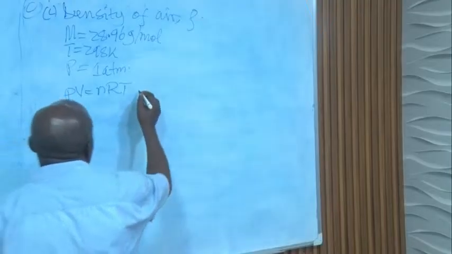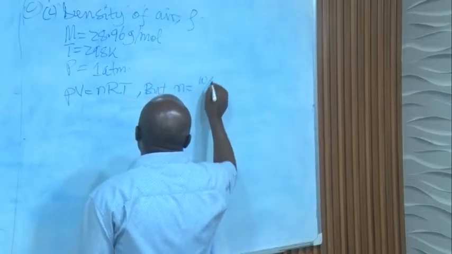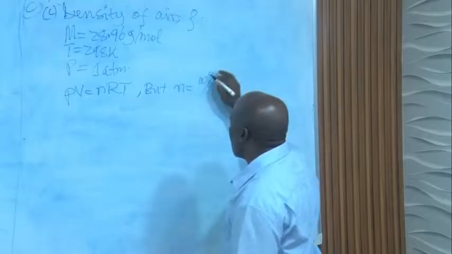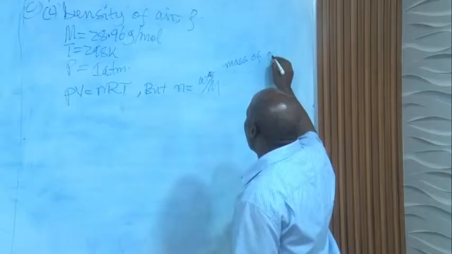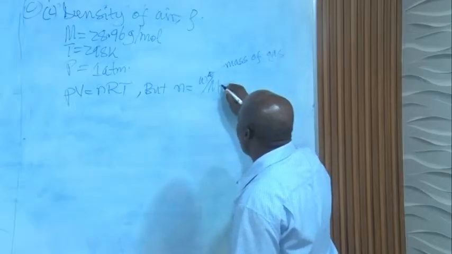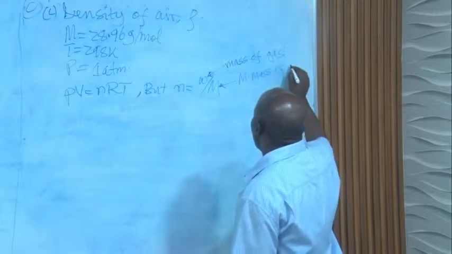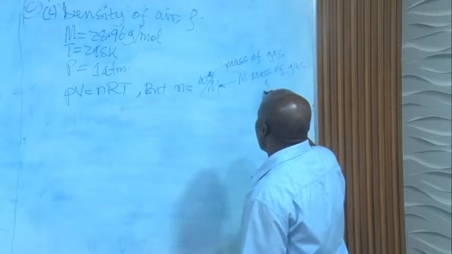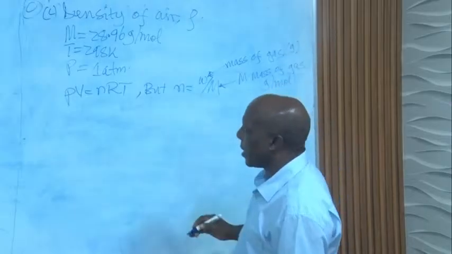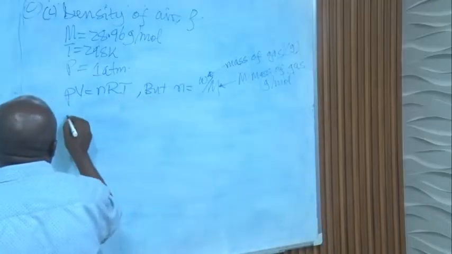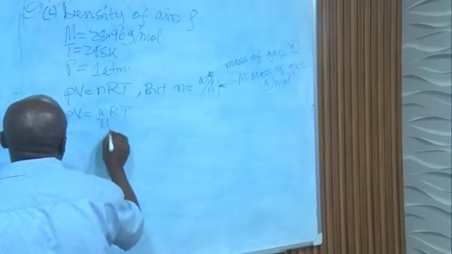But n, the number of moles, is equal to W over capital M, where W is the mass of gas in grams, while M is the molar mass of gas in grams per mole. Then we can take PV is equal to WRT over M.